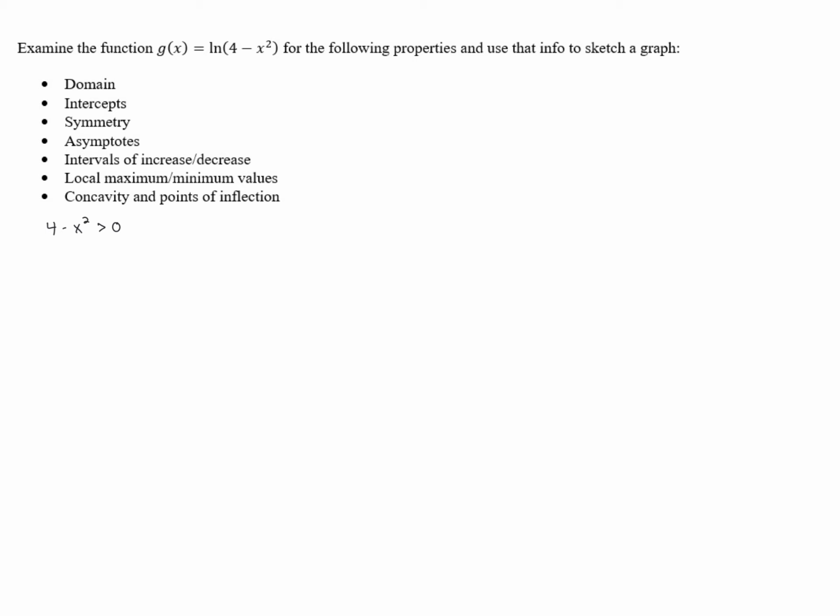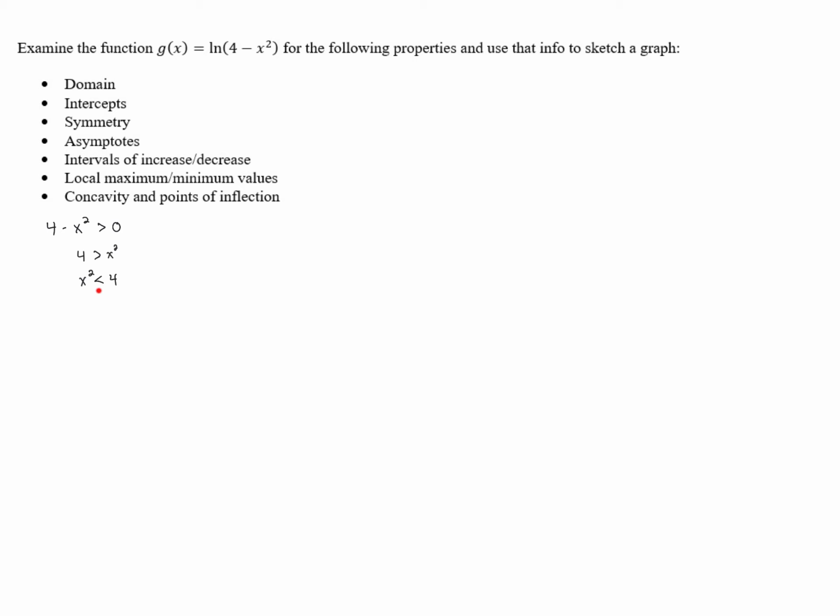That is interesting. If we add x squared to both sides, this gives us 4 is greater than x squared. And sometimes it's a little easier to flip things around and think about x squared is less than 4. We know that x squared is equal to 4 when x is 2 or negative 2.